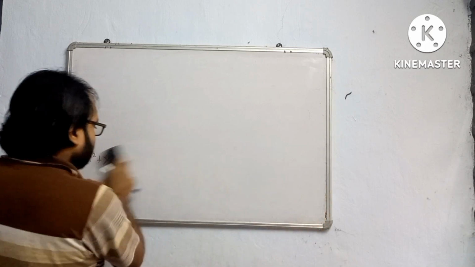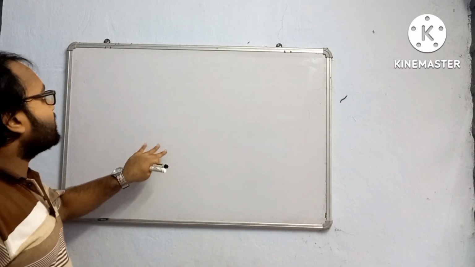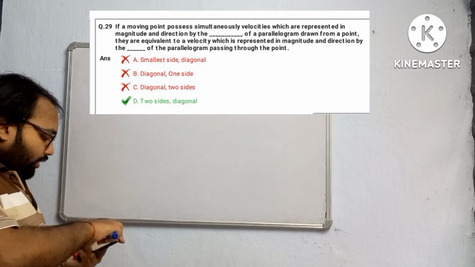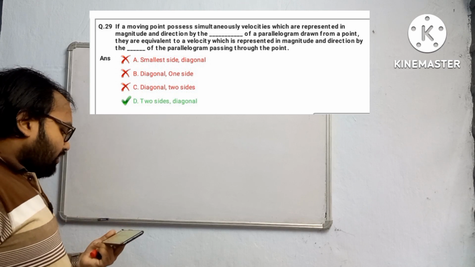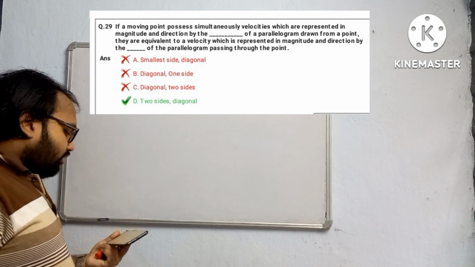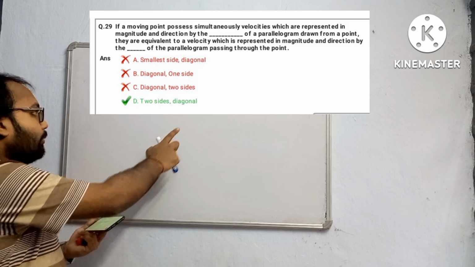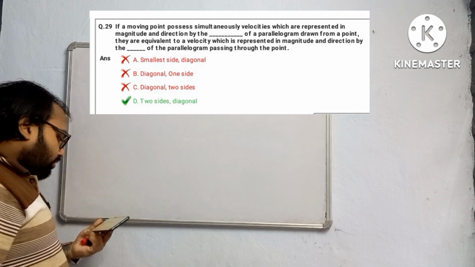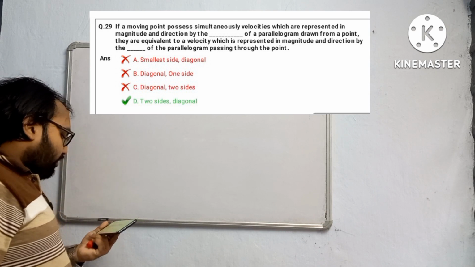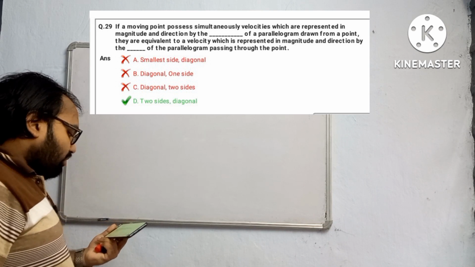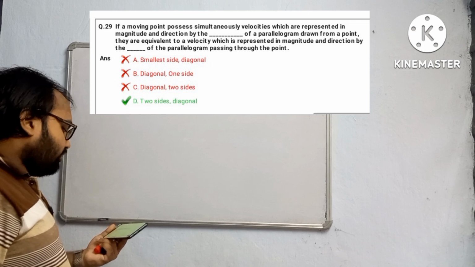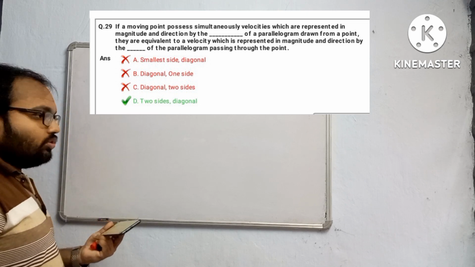The next question, as you can see here, is if a moving point possesses simultaneous velocities which are represented in magnitude and direction by the dash of a parallelogram drawn from a point, they are equivalent to a velocity which is represented in magnitude and direction by the dash of the parallelogram passing through the point.